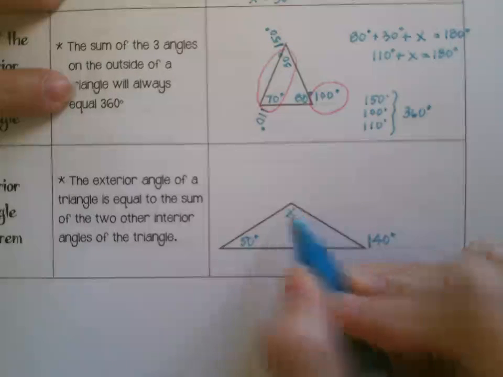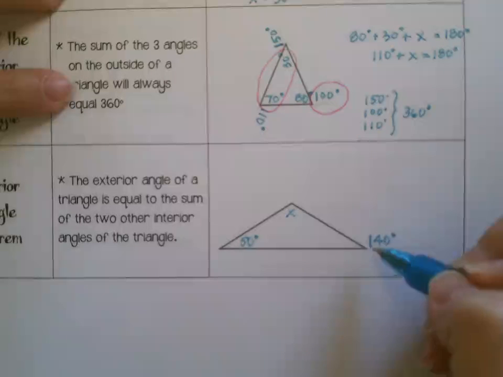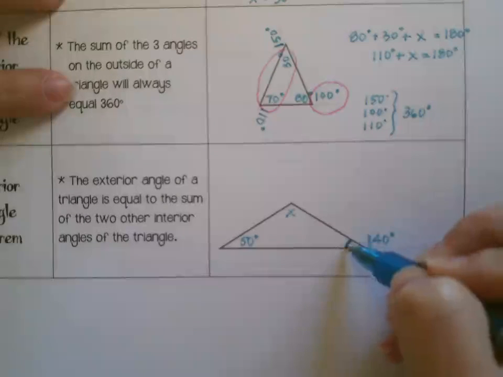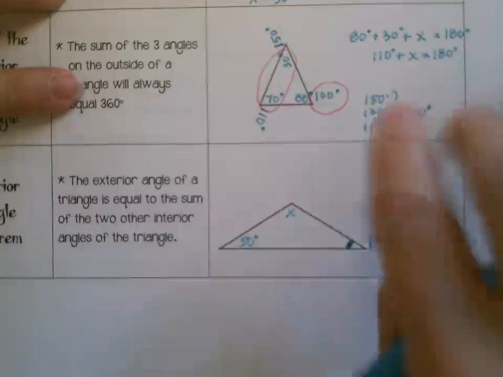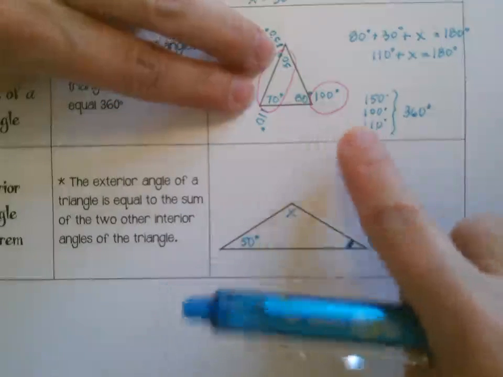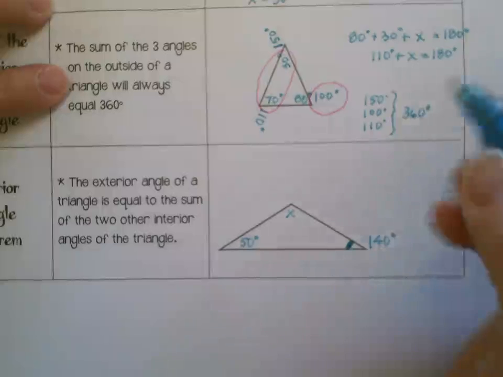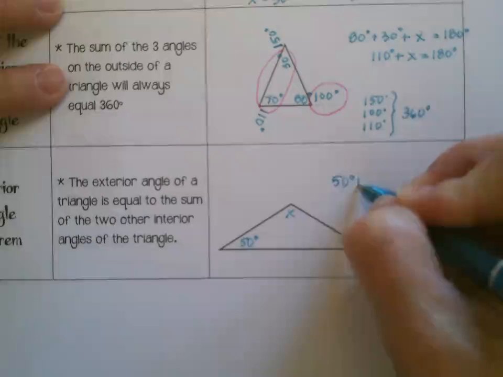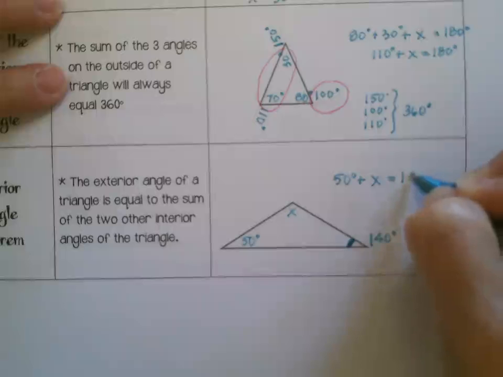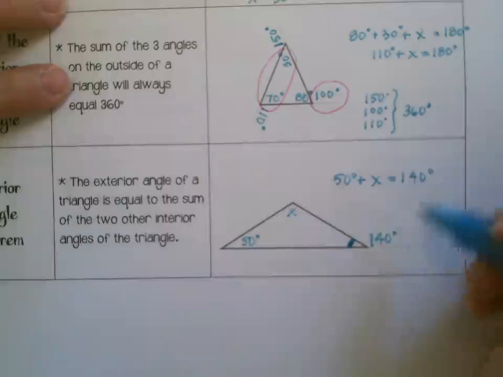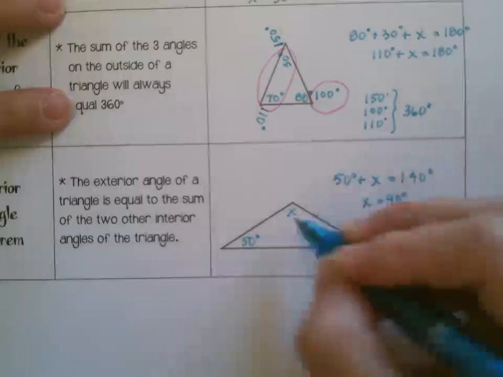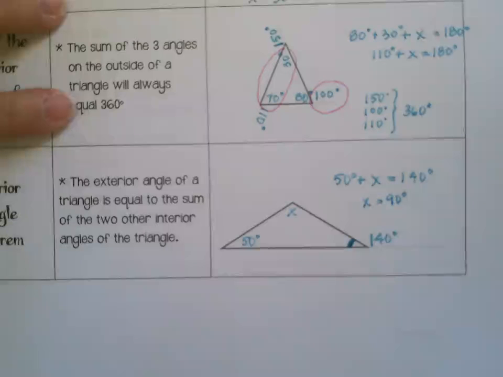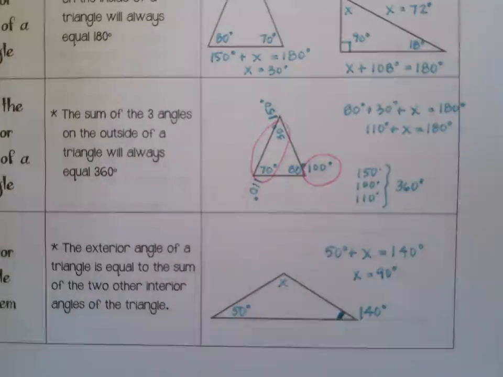But if I wanted to know what that angle was, the angle that's outside of this angle, this 140 degrees, is going to be the same as the two other angles added together. So I know that if I take 50 degrees plus whatever that is, I need to get 140 degrees. If we do some subtraction here, I can figure out that this angle up here is 90 degrees. But it's just a neat thing that happens. And if you look at the other angles, it happens all three directions.